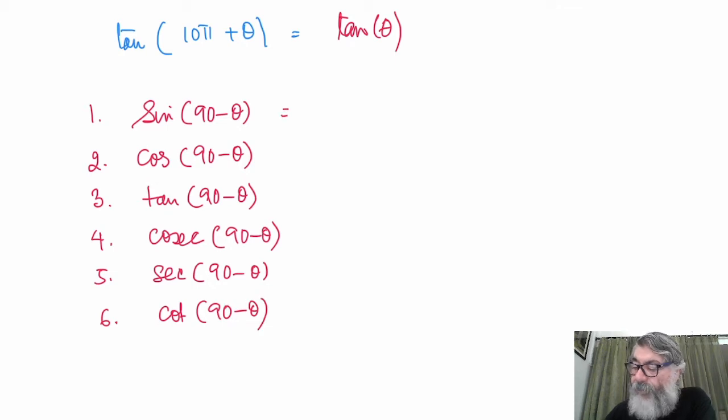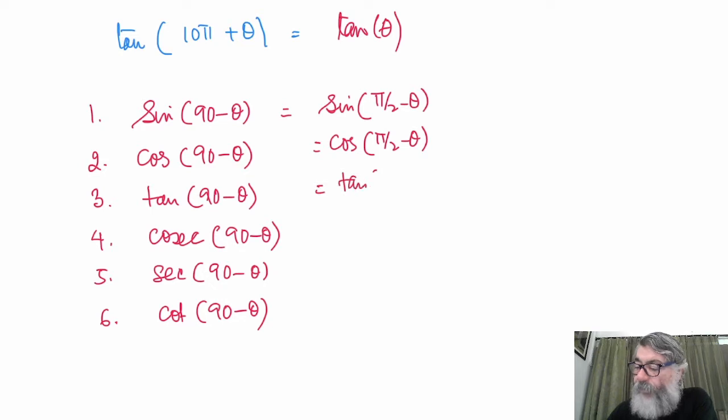90 is simply what I'm going to write in radians also: sine pi by 2 minus theta, cos pi by 2 minus theta, which generally we are going to use. You can use both, there is no problem.